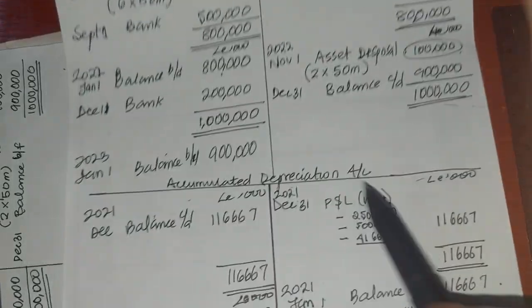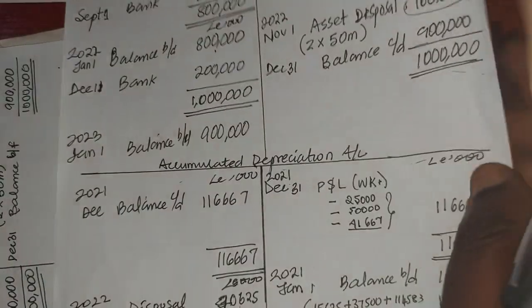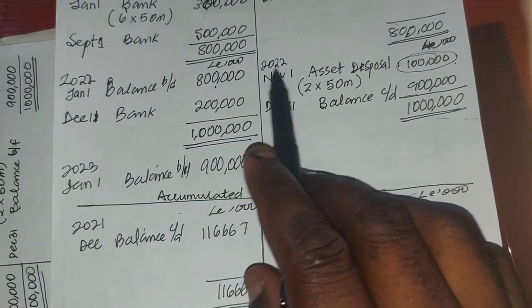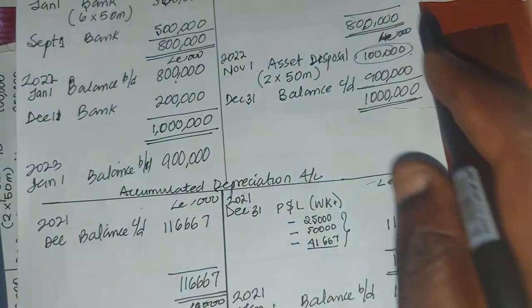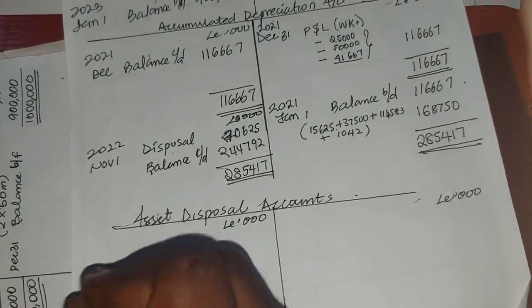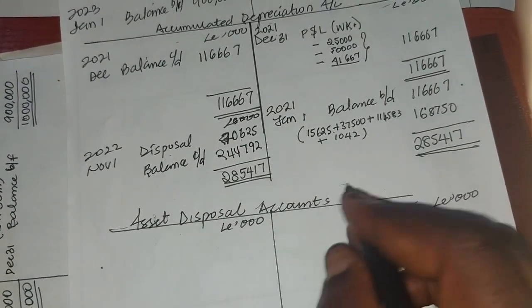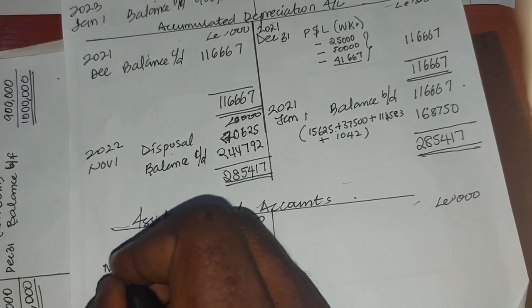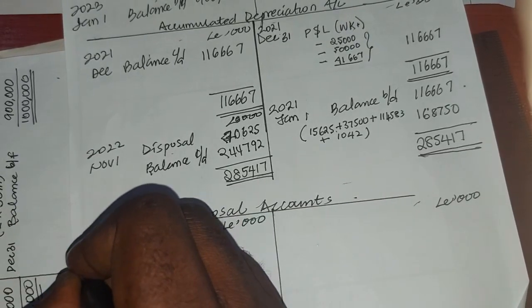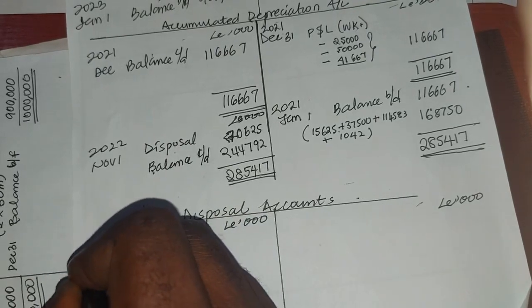Now, for the disposal of assets, if you go back to your motor vehicle, this is the asset disposal, which was sold in 2022. You credit the motor vehicles account, then you debit the asset disposal account with the cost of the asset. Don't forget, it was sold in 2022, November 1st.